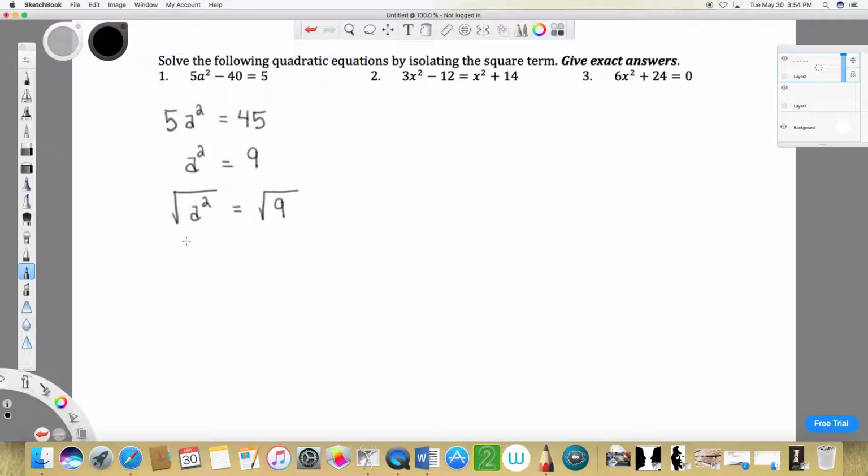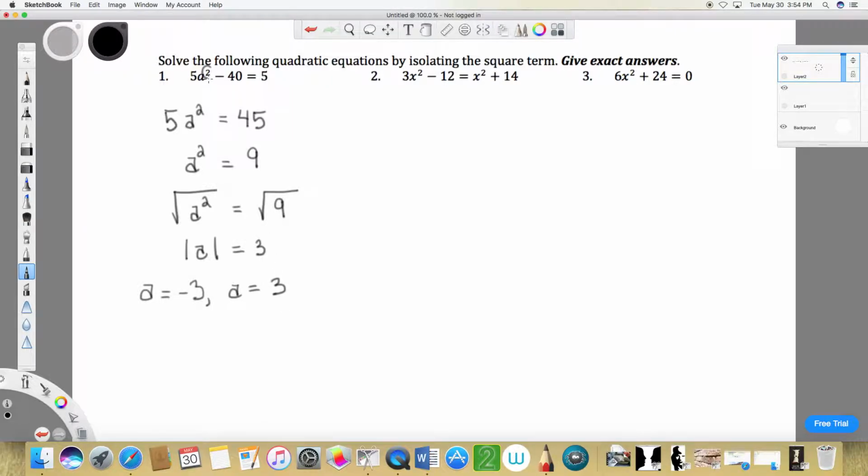The square root of a squared is the absolute value of a. The principal square root of 9 is 3. This symbol means the positive square root of 9. And so then this equation gives us -3 or +3 as our two answers.